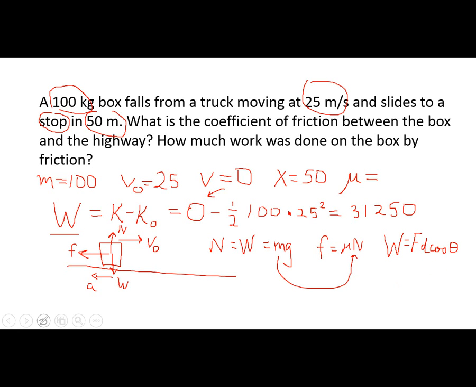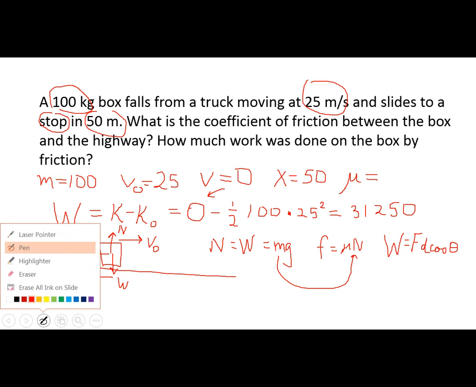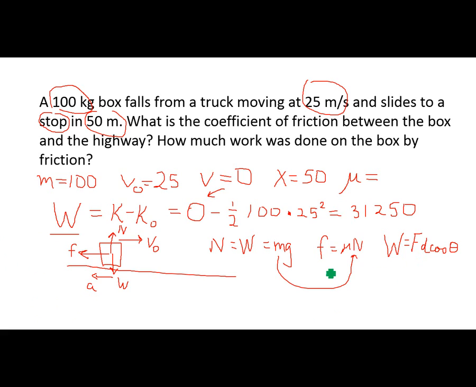Okay, let's grab a slightly different color here. Now the force we're dealing with is the friction force. So put that in over here. We know our distance. Here's our distance, so we're going to put that in over here. What do we put here?